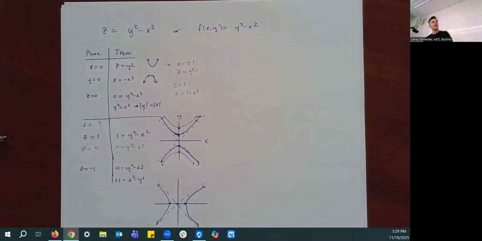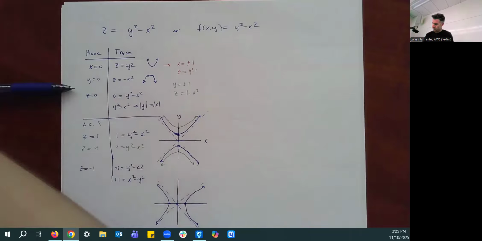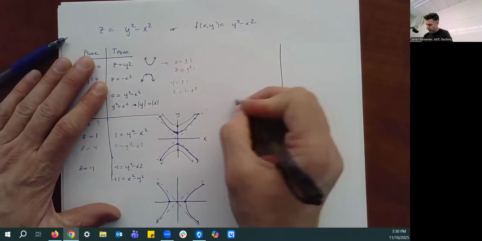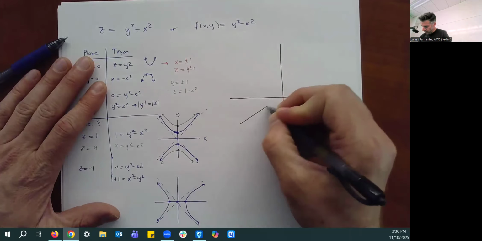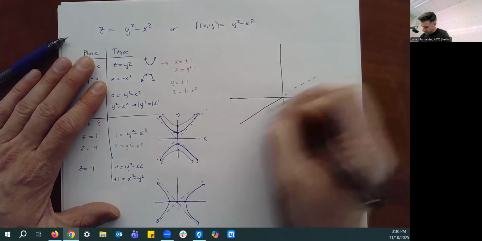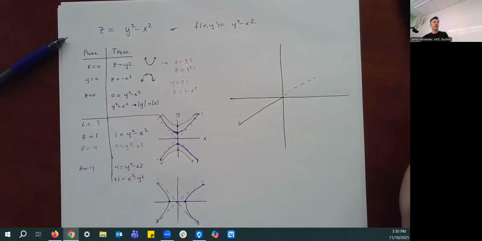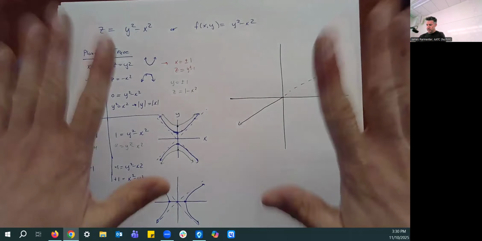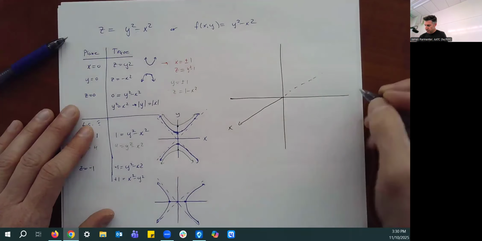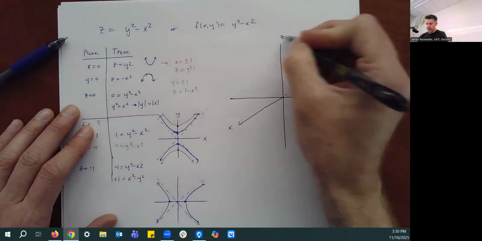Okay, so the hard part is that all this information doesn't make it easier to graph this thing. It's useful to know if you're being asked about it. It really is the actual truth. But graphing this thing, here's what I'm going to do. So, the usual XYZ coordinate system. Let's talk about what's important here. My trace in the x direction in the YZ plane and the XZ plane.